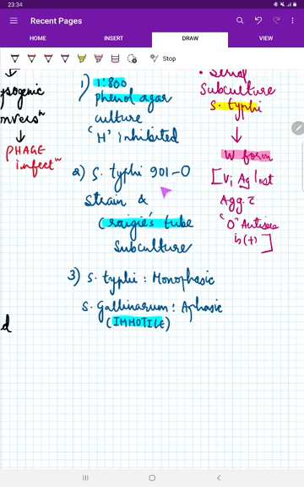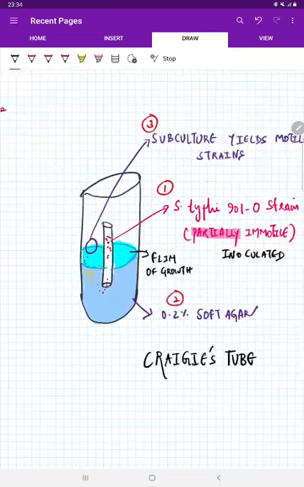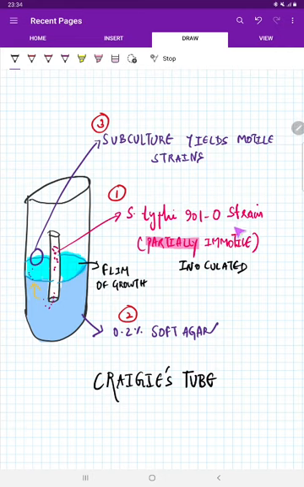On this culture, if you take the culture and put it in the Craigie tube, and subculture in that Craigie tube, we can get the motile strains. So this is the Craigie tube. Now we have taken this strain, which is partially immotile, and put it inside.